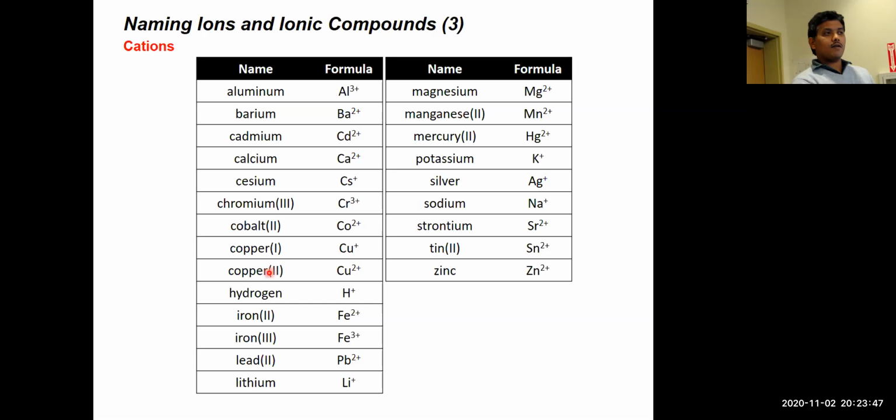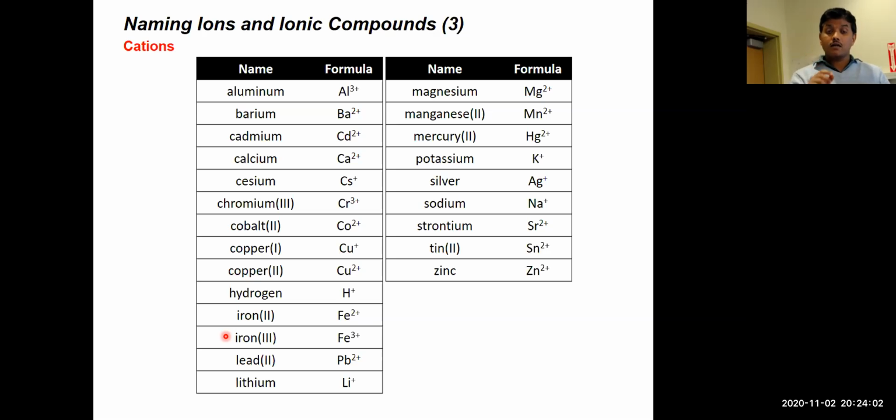So whenever you have a transition metal, you have a charge next to it automatically. So if you were naming again, I'm saying it multiple times because we, the students, easily overlook it.